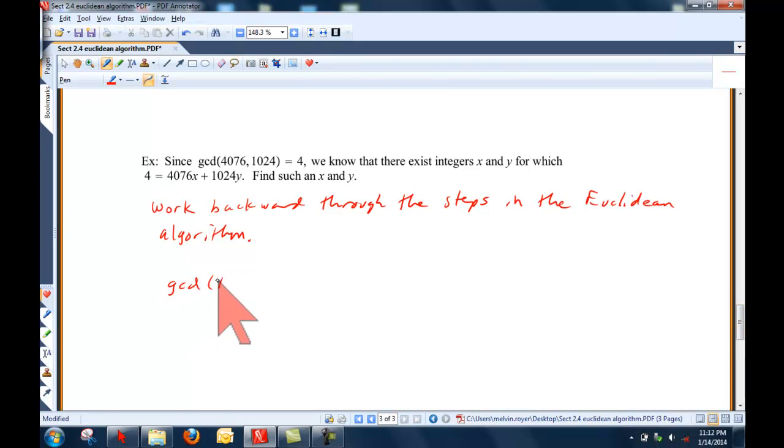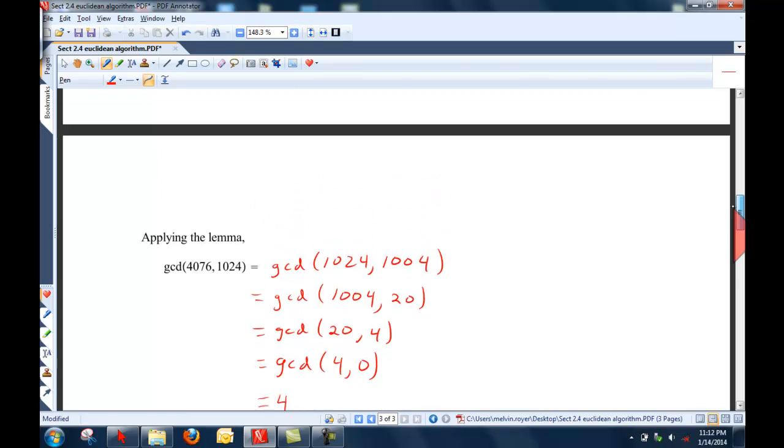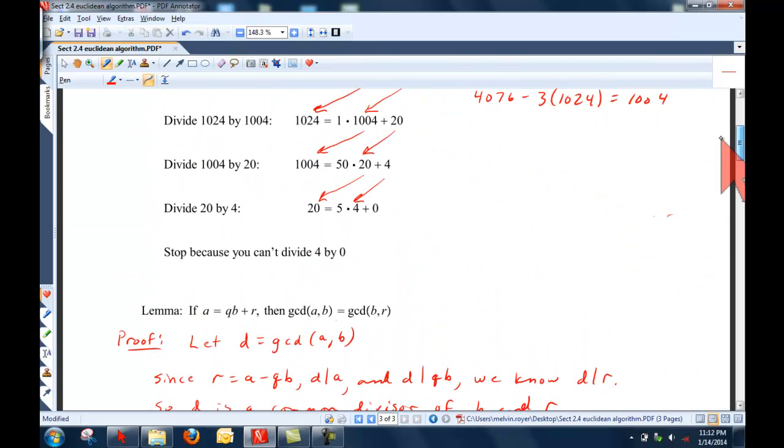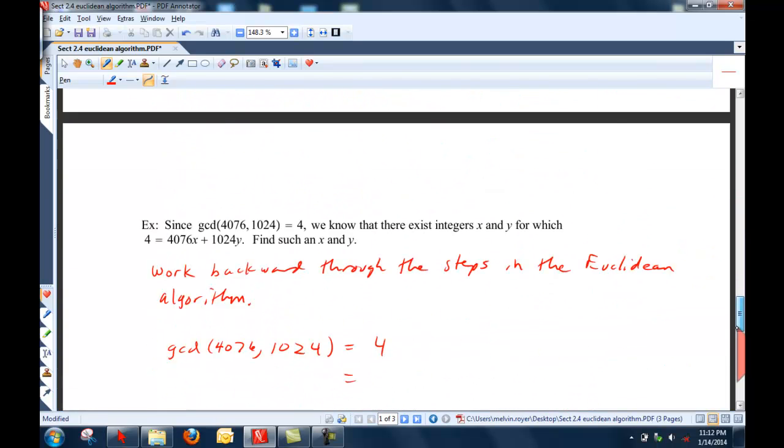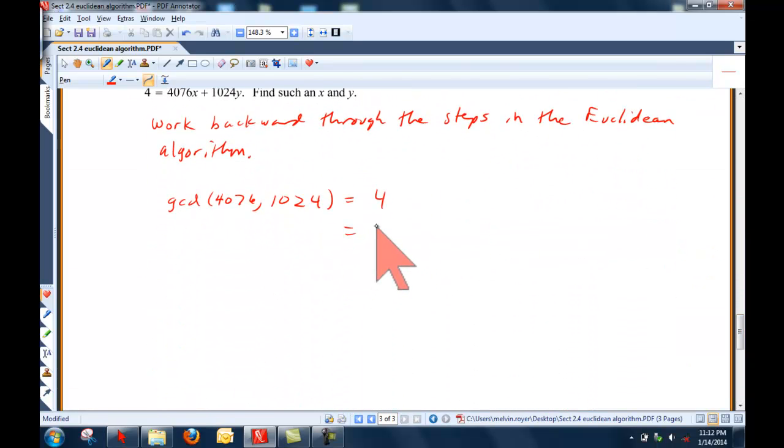GCD of 4076 and 1024 is 4. But if I look at the next to the last line here, here's how to write 4 in terms of 1004 and 20. Let's do that. 4 is 1004 minus 50 times 20.